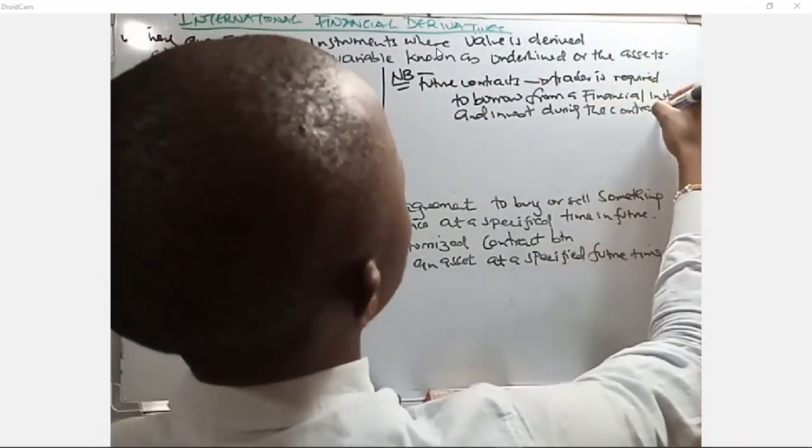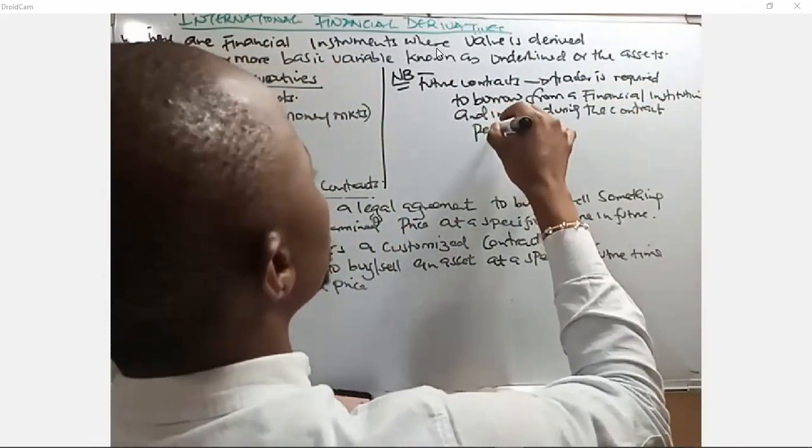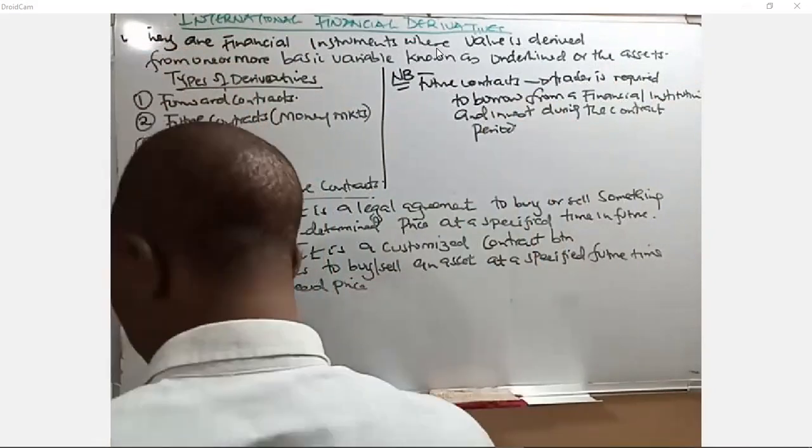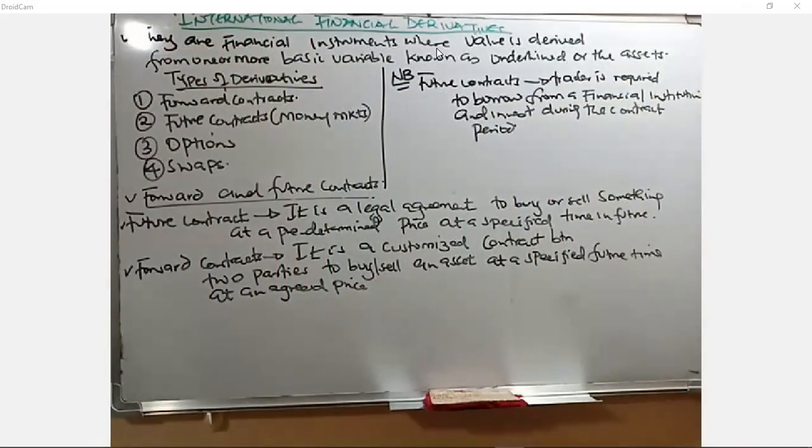So it means that we are given an obligation, whereby we have to borrow and invest during the contract period, where the period is normally given as 3 months or 6 months. It depends on the type of contract in which you are entering.